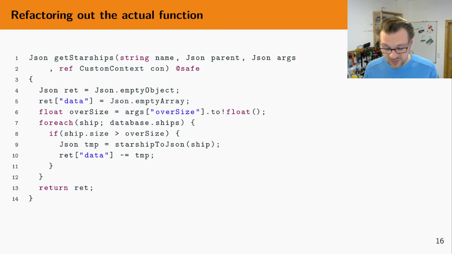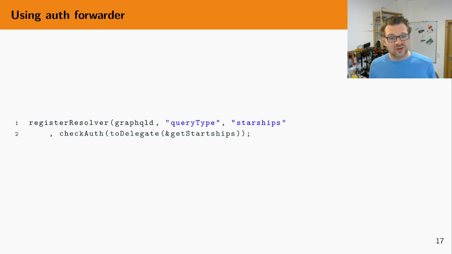But then unfortunately, there's a tiny bit of housekeeping we have to do to make this function callable. So again, we call register resolver. But now what we do instead is we call check auth and pass to it the result of toDelegate, which again sort of takes the address of the get starships. toDelegate is just a function defined in Phobos that allows you to pretty much turn anything into a delegate.